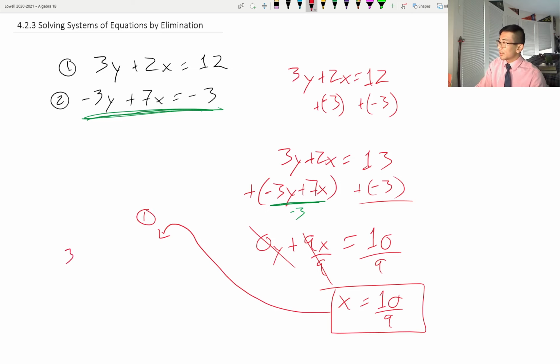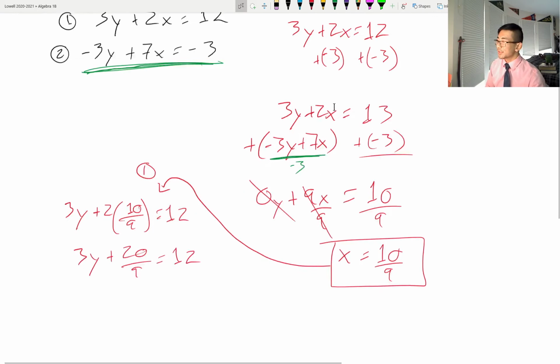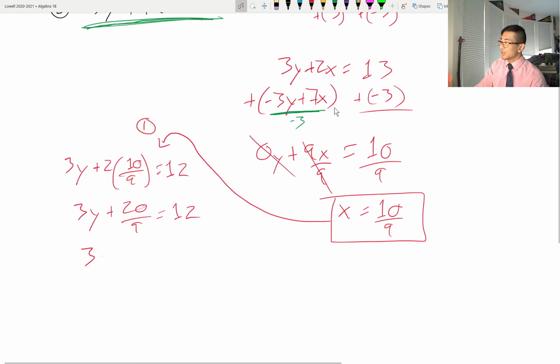I'll get 3y plus 2 times 10 over 9 is equal to 12. So that's going to be 3y plus 20 over 9 equals 12. I didn't make a very easy example here, but that's okay. I'm going to get 3y is equal to 12 minus 20 over 9. So I just subtracted 20 over 9 from both sides.